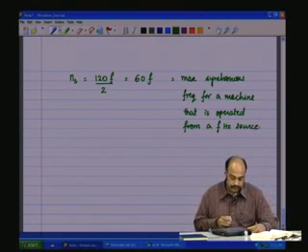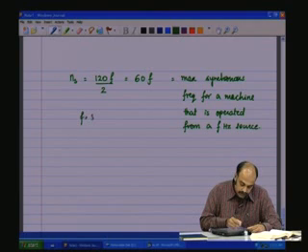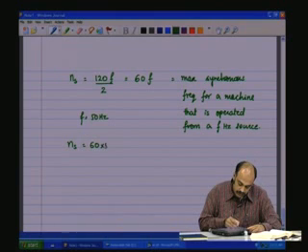So in India, F is 50 Hertz. Therefore the maximum synchronous speed can be 60 into 50, which is equal to 3000 RPM.